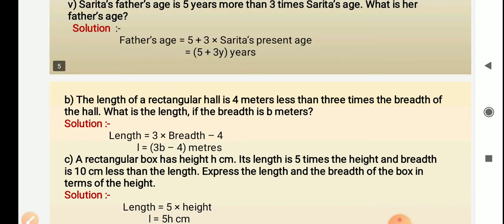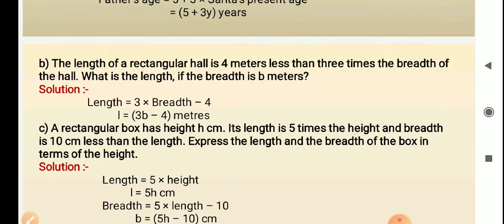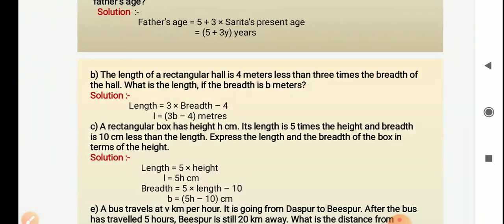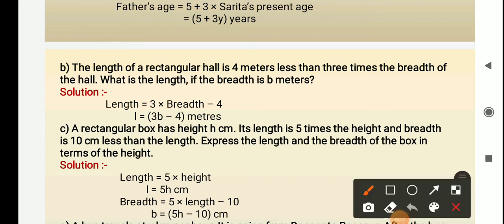Now we will see question B from question number first. So look here, the length of a rectangular hall is 4 meters less than 3 times the breadth of the hall. What is the length if the breadth is B meter? See students, we know that a rectangle has a length and breadth. So here breadth is considered B meter.